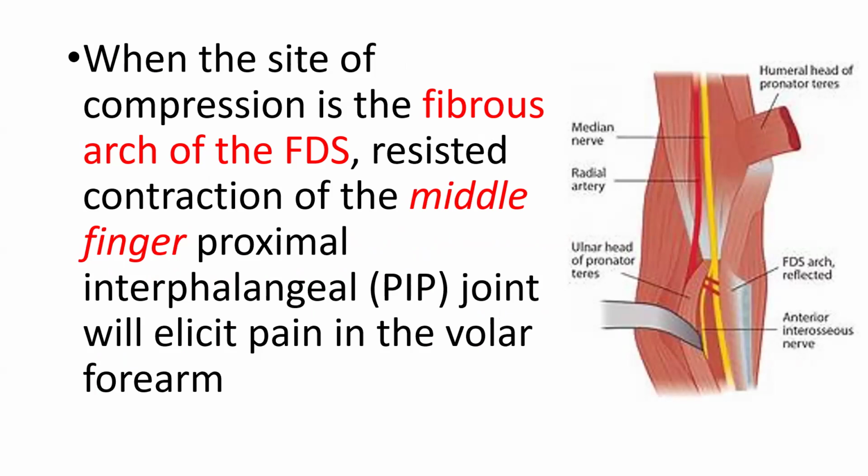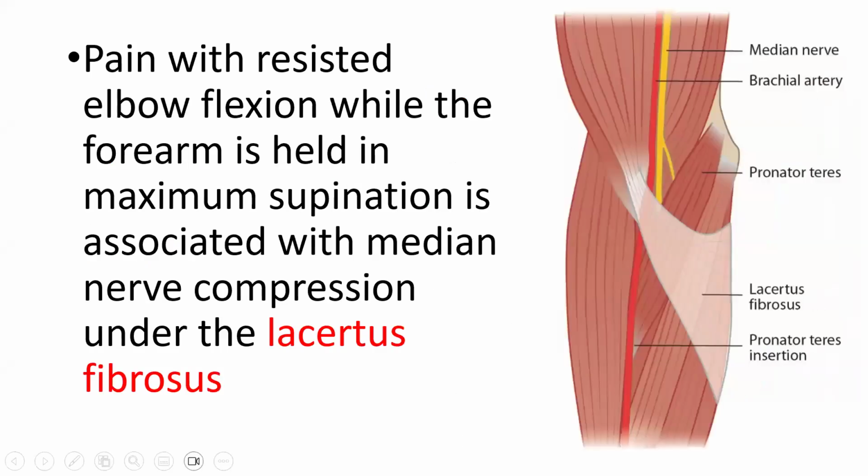So you have to pay attention to this, okay? And as a result, we know that the median nerve supplies the lateral 3.5 volar aspects of the fingers, while the ulnar nerve supplies the medial 1.5 finger sensation. So you have to pay attention to this. I'm going very quickly on this.